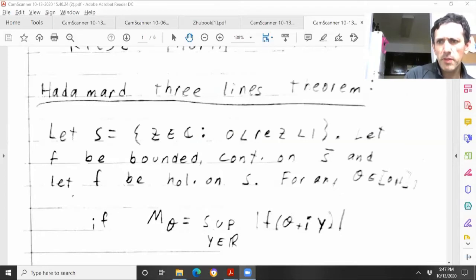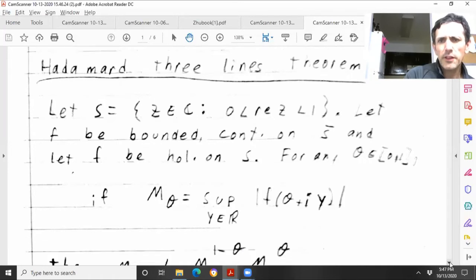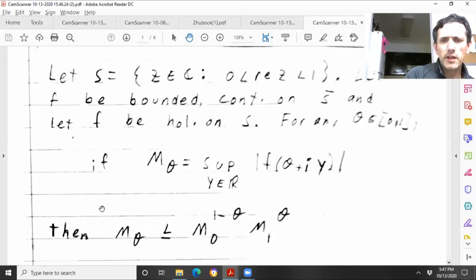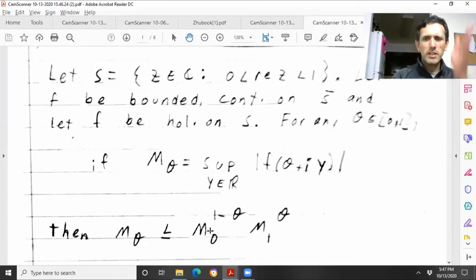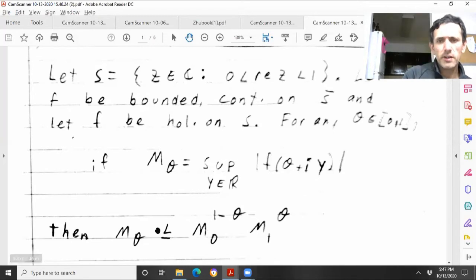So I claim that for any theta, we can interpolate between F on the imaginary axis and F on the line where the real part is 1, to get that M theta is less than or equal to M0 to the 1 minus theta, times M1 to the theta.